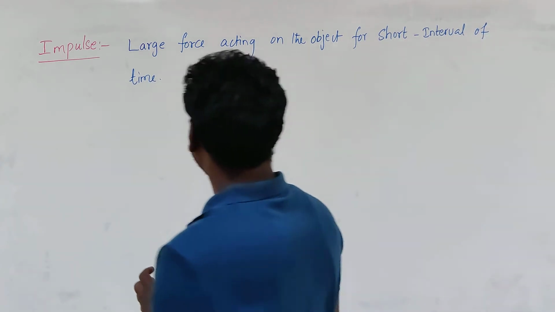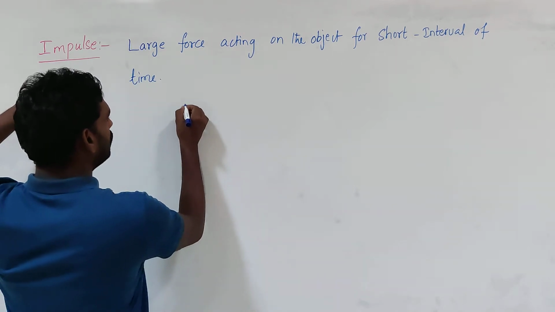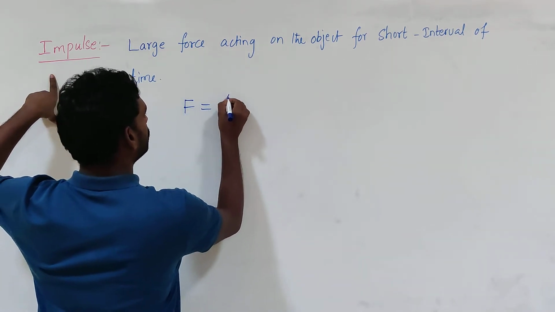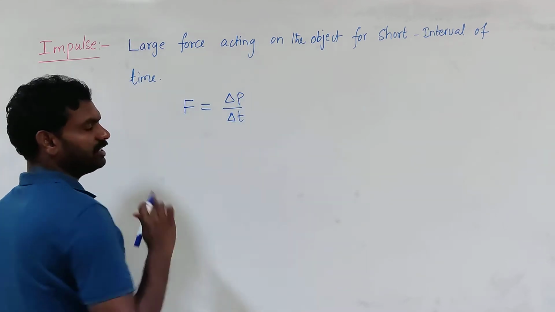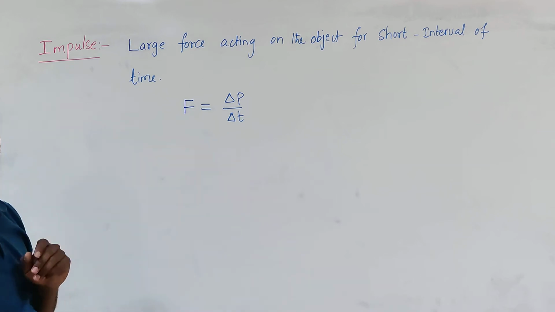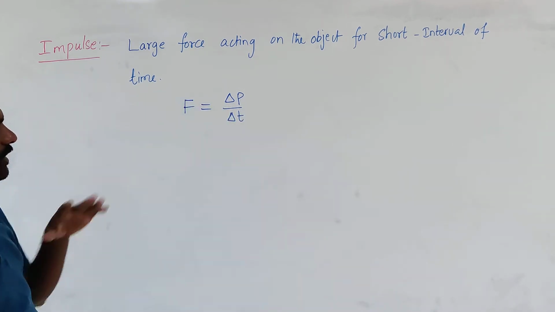A large amount of force acting for a short interval of time is called impulse. So see here, we know F equals delta P by delta T, the change in momentum over the time interval. Just now we have derived it.